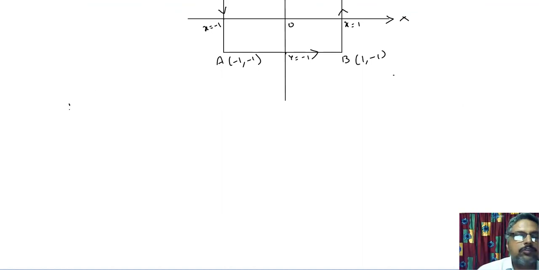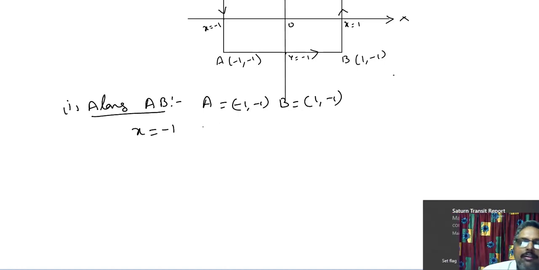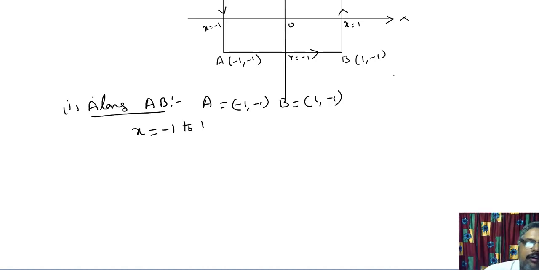along AB. Here A is (-1, -1) and B is (1, -1). If you observe, x goes from -1 to 1, and y is -1 at both A and B. So dy = 0.